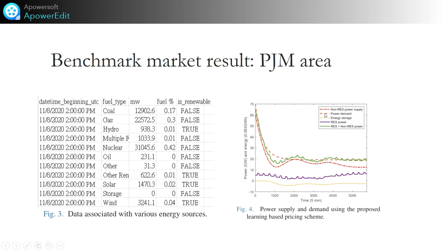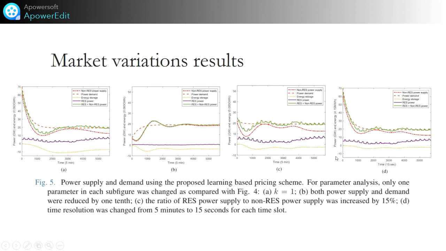If the green line and brown line meet each other, it means that the power demand and power supply have reached balance. So here we can see that after T equals 1800, it reaches balance.